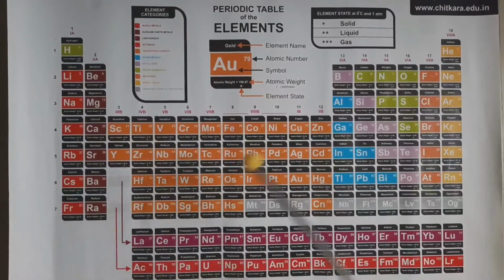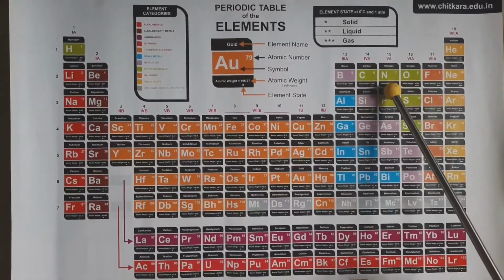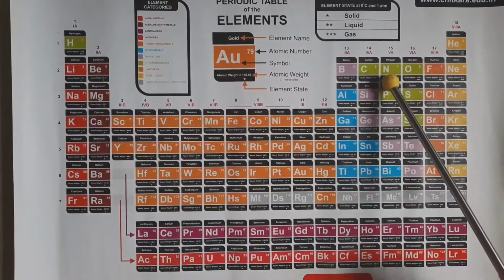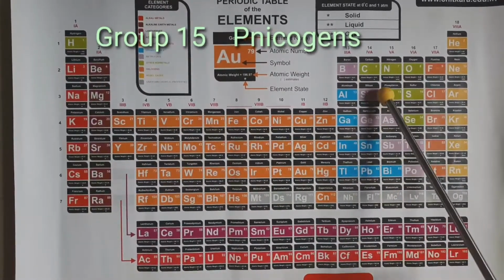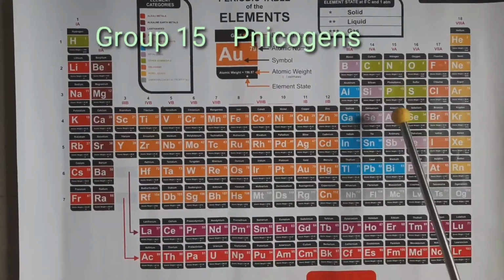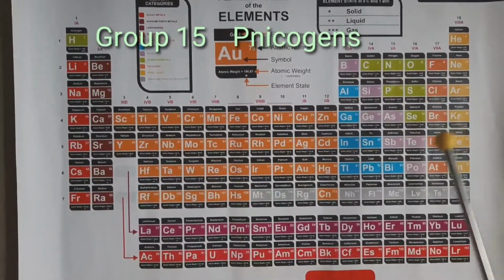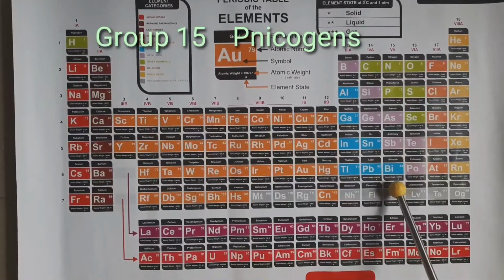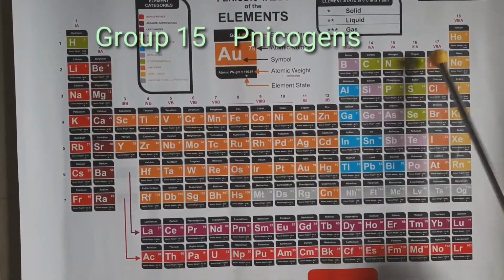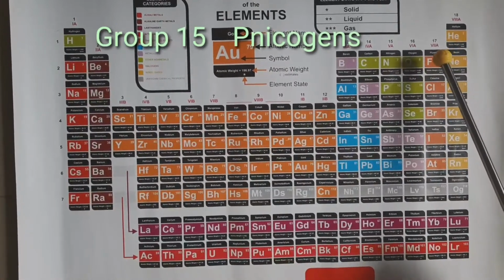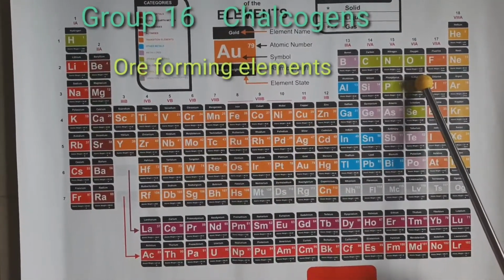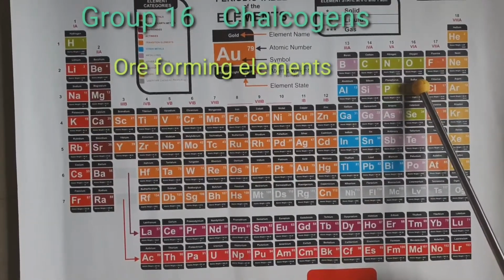Now another group which is very important here is group number 15. These elements are known as pnictogens. Elements are nitrogen, phosphorus, arsenic, antimony, bismuth, moscovium. Group number 16 elements are known as chalcogens or ore forming elements.